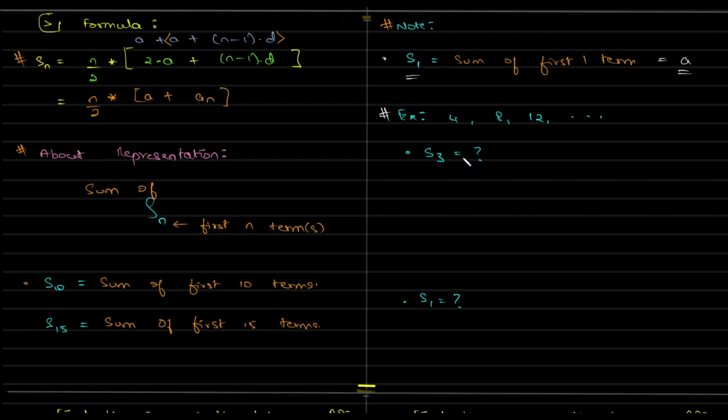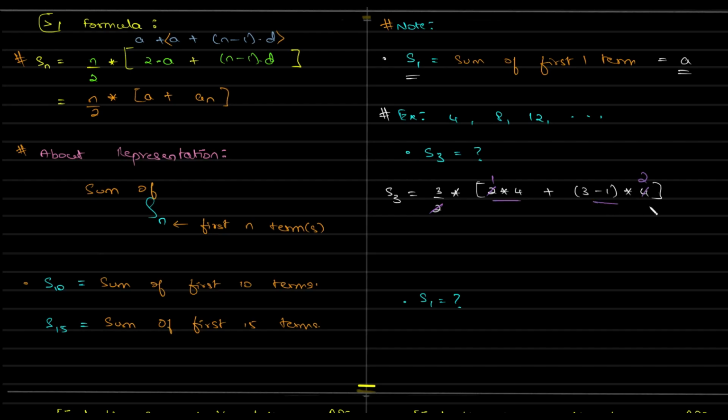Next is S3. Here I have an example. I want to find the sum of the first 3 terms. I know it's easy to do, but let's use the formula. Sn is equal to n by 2 into 2a plus n minus 1 into the common difference 4. This is the 4 table. So I can cancel 2 and 2 with all the terms.